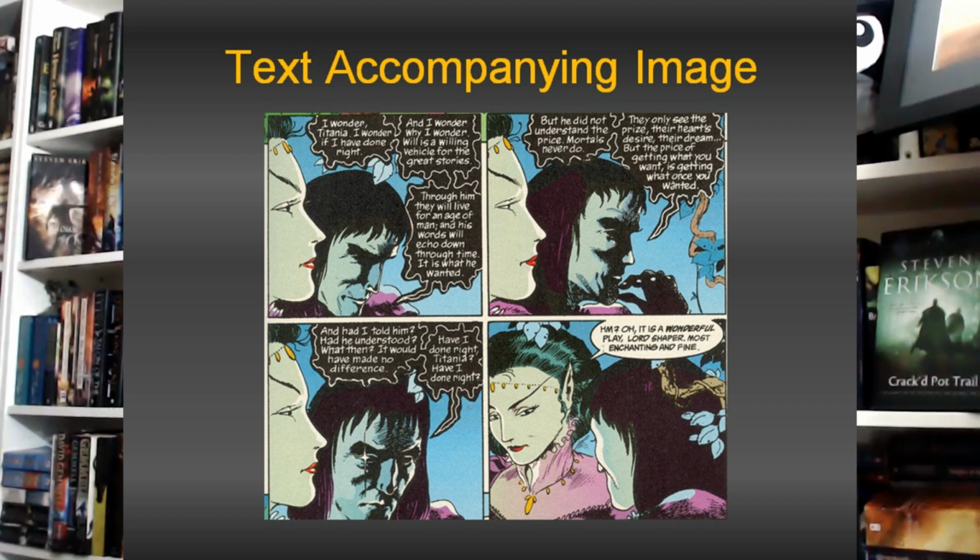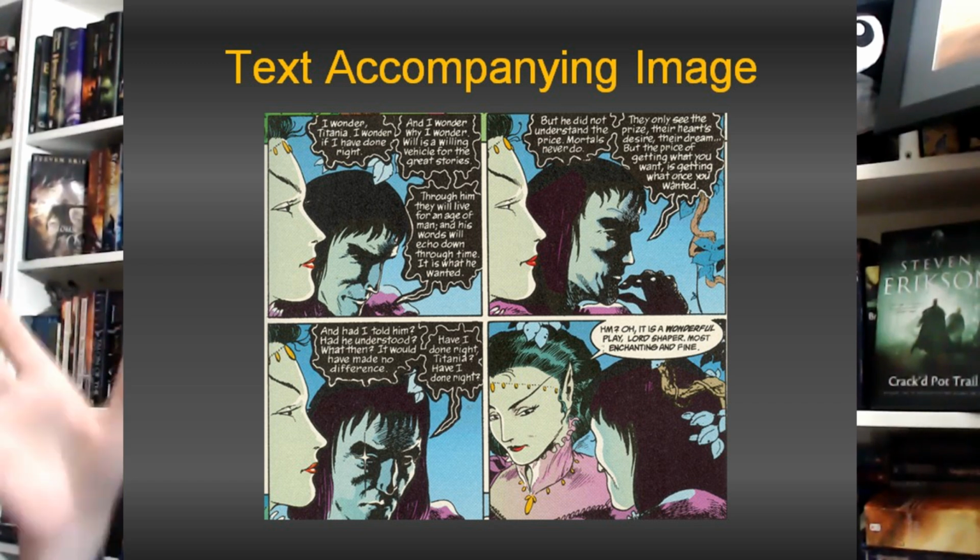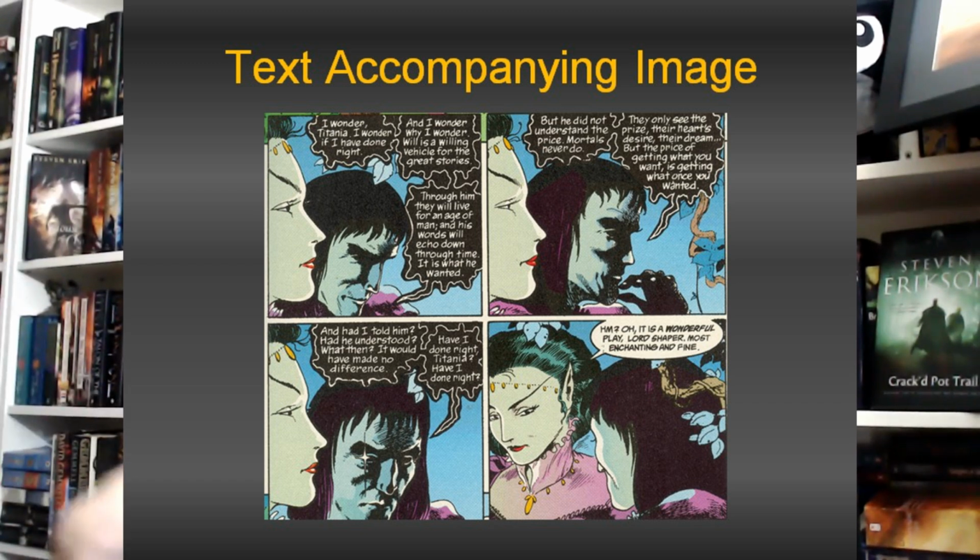In the bottom left panel, we can see the glitter of Dream's eye as he looks at Titania. Now, this is perfectly acceptable in terms of the fictive reality of the Sandman, because Dream is frequently described as having these stars glowing in his eyes.